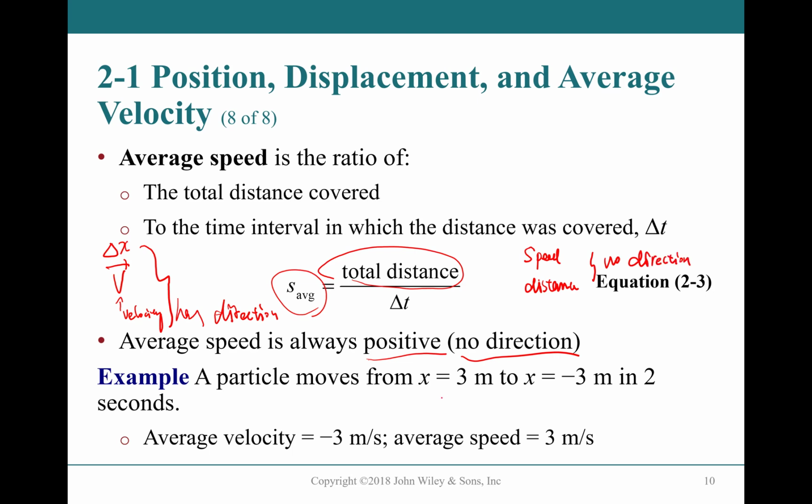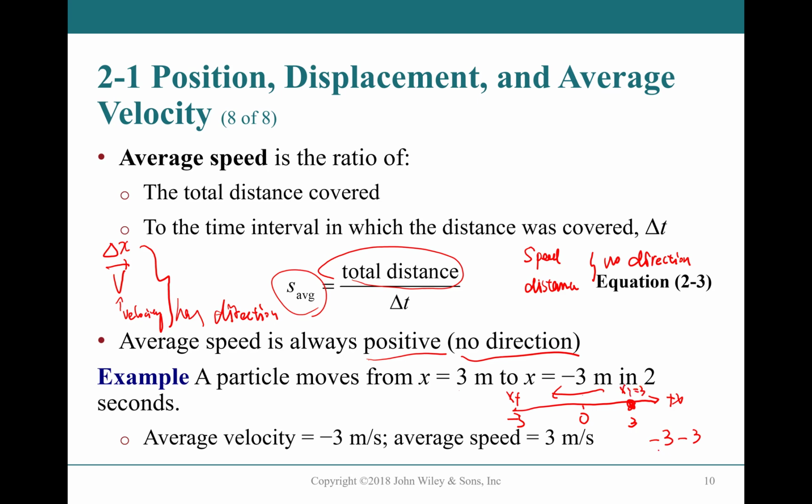So if we have a particle that moves from 3 to -3 meters in 2 seconds, from 3, which is here, this is 0, and this should be -3. Our displacement should be -3 minus 3, because this is the final and this is the initial.